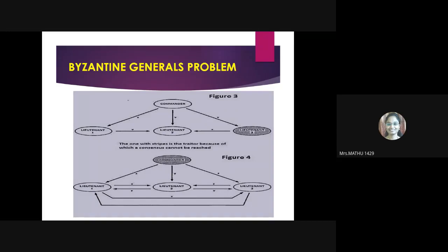All the generals present in different places have to be given the message properly, so that all the soldiers in different places will together go and attack the city. So if the commander says attack, that message has to be passed on uniformly to all the generals and down the line to the soldiers. That is the procedure.